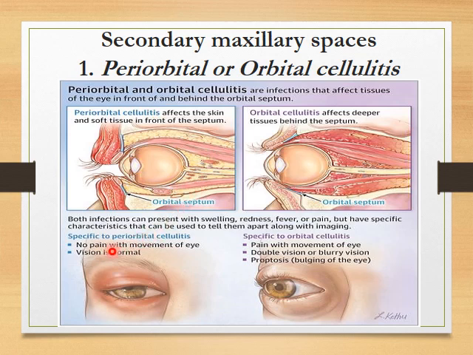So there is no pain with the movement of the eye and the vision is normal. While in orbital cellulitis, I will see pain during the movement of the eye, double vision or blurry vision, and proptosis or bulging of the eye, as I see in this picture.